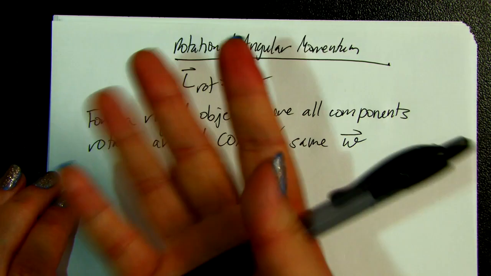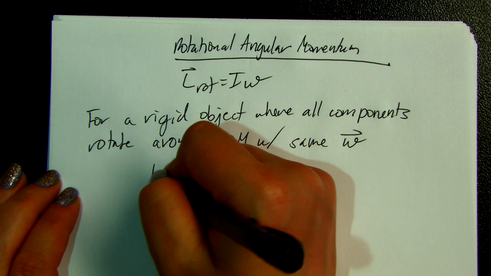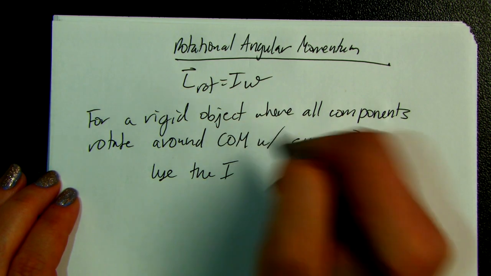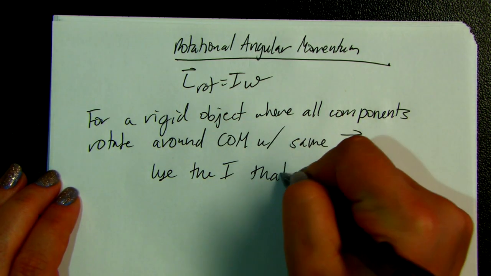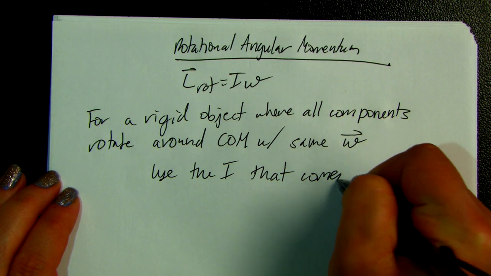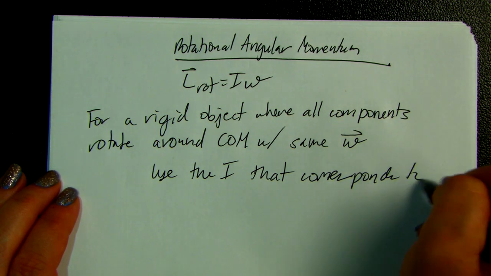So you can't have a floppy object. That doesn't work. And then you use the moment of inertia that corresponds to the shape.